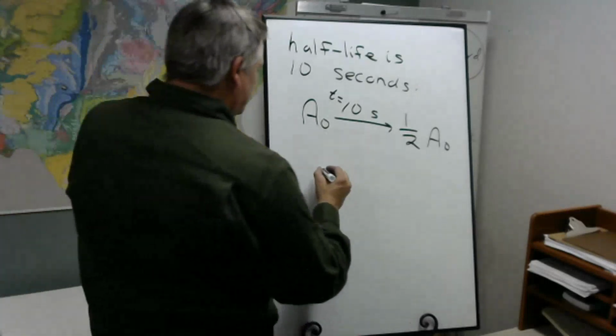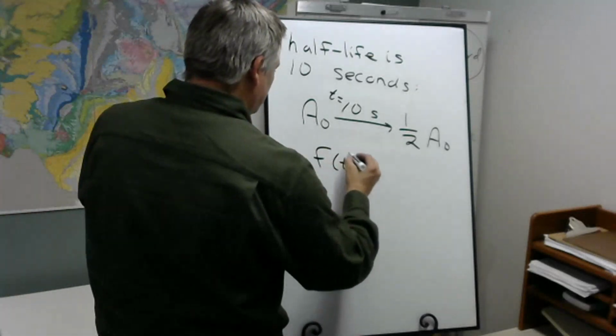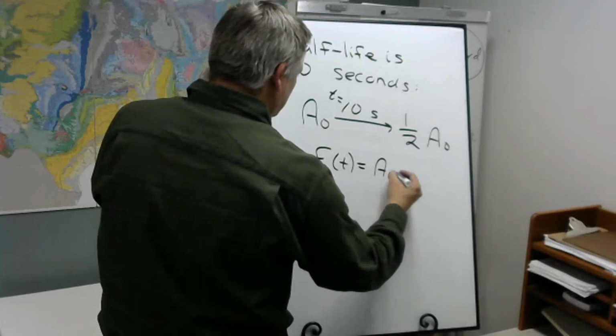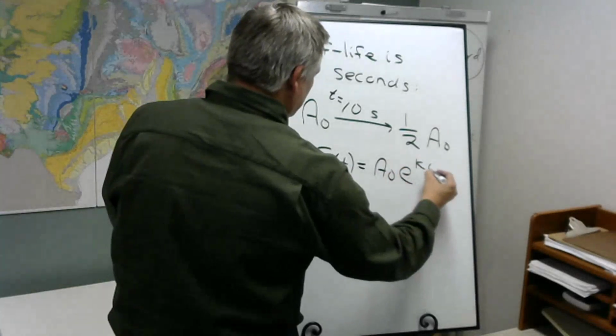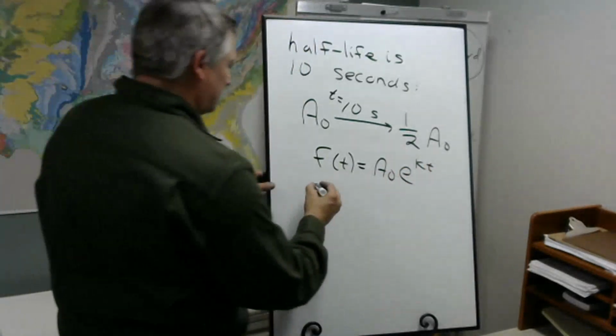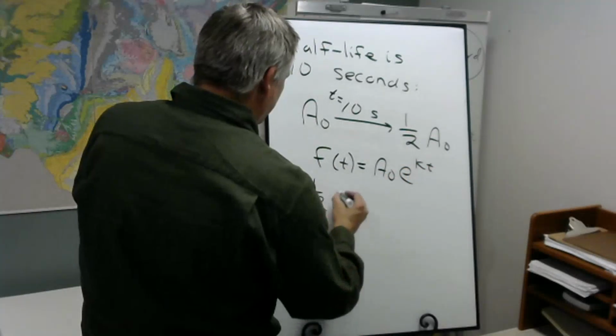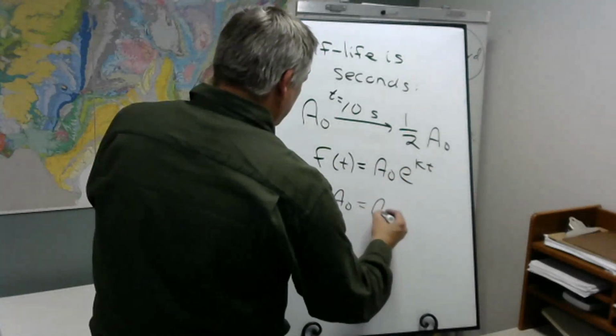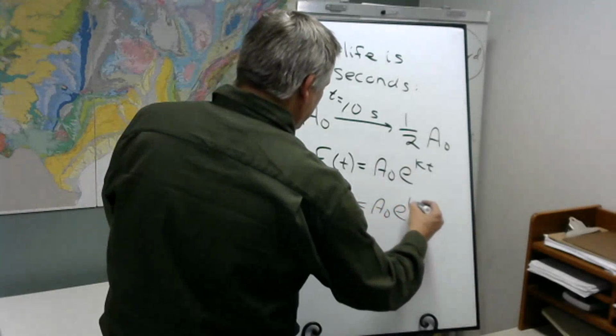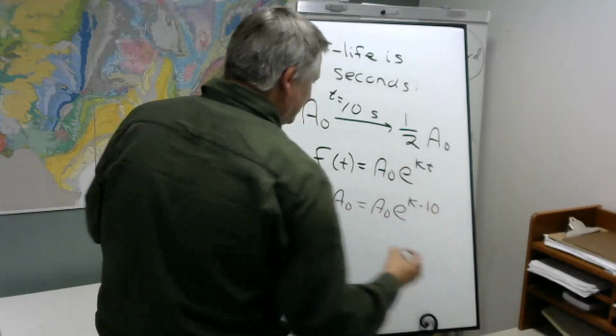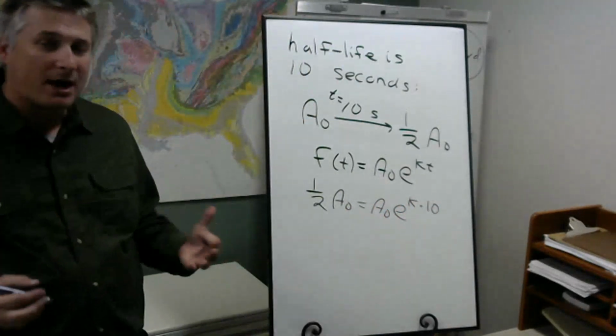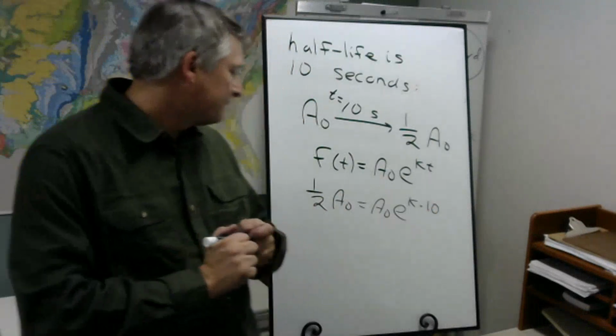So this means we can take our model and we'll get half of A0 when t is 10 seconds. In this case, we're going to use time is equal to 10 seconds.